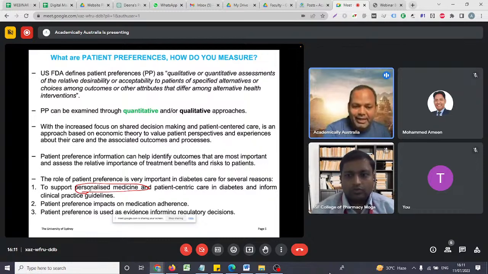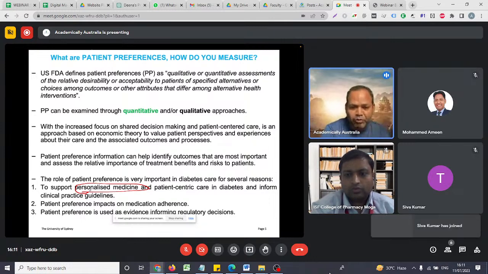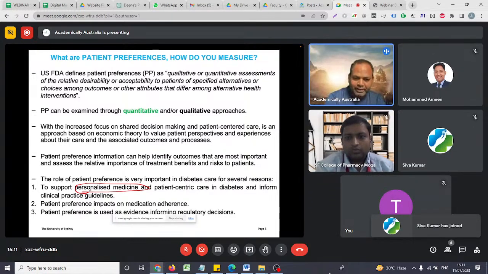And clinical guidelines worldwide are using patient preference. Preferences also have an impact on medication adherence. If the medicine is the patient's choice, then automatically the adherence improves. And if medication adherence is improved, the outcome automatically improves, and we can reduce the cost for the patient. Patient preference is also used for evidence-based regulatory decisions.